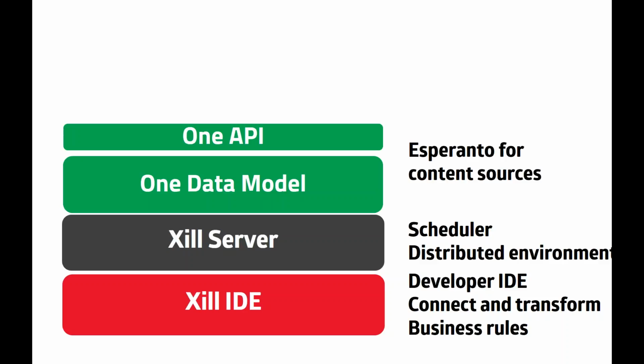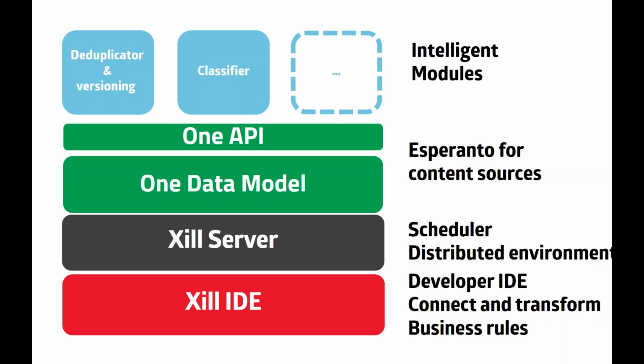And then we have our one data model and one API. We call it Esperanto for content sources, because you can talk to any content source if you talk through our API and data model. And then we have some intelligent modules. It's a deduplicator and versioning and the classifier. It's two we have, and it's going to remain with these because we feel we are the connecting layer.